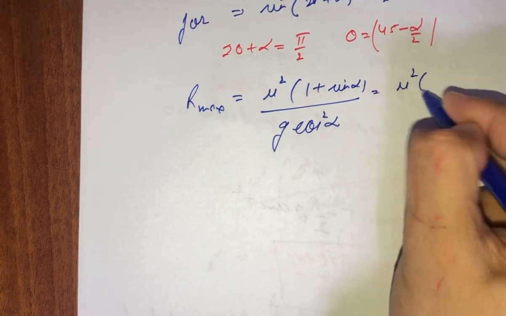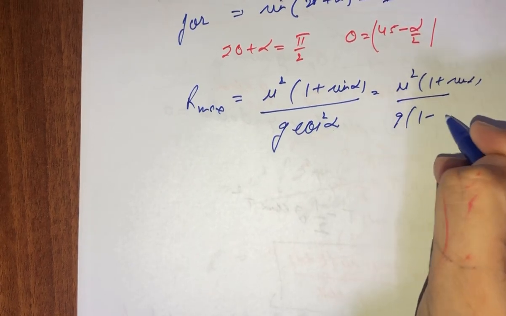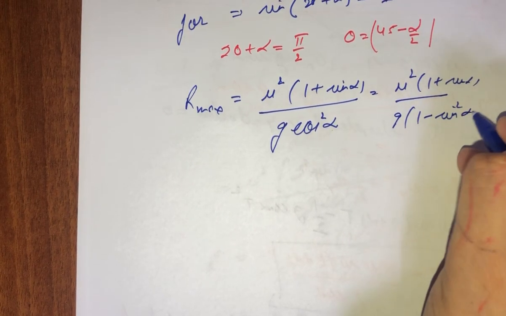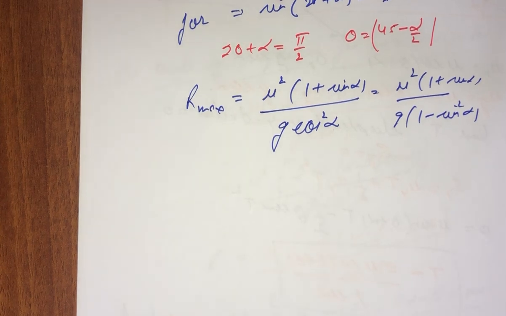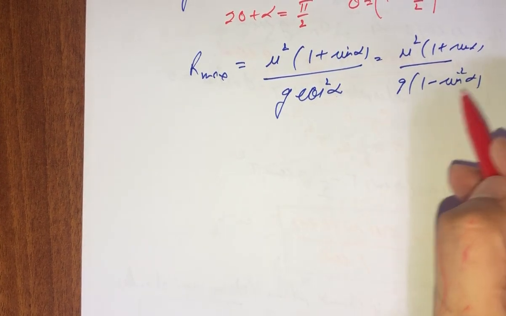So this can be written as 1 plus sin alpha over g into 1 minus sin square alpha. And 1 minus sin square alpha can be written as 1 minus sin alpha into 1 plus sin alpha.